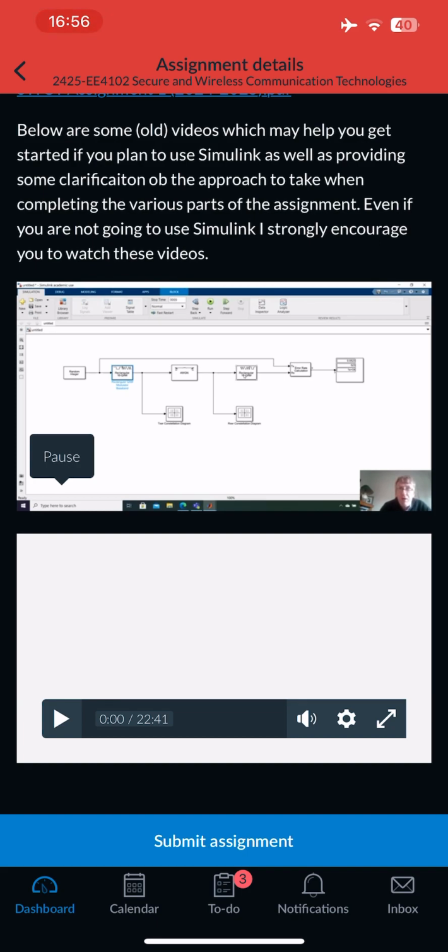However, if you do it in a sensible way, using what's called the gray code, it will mean that directly adjacent points on the constellation diagram, their 4-bit codes only differ by 1-bit value. Okay, so if I compared two points that are right beside each other on the constellation diagram and looked at the 4-bit values for each of those 2 points, they would only differ by 1 bit.